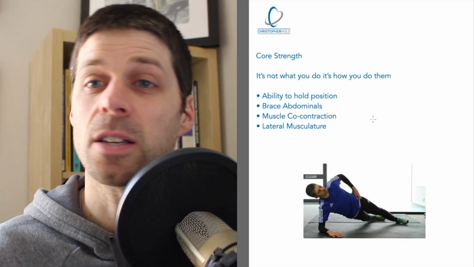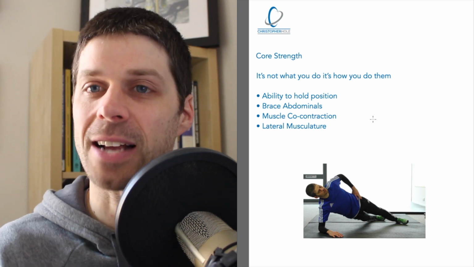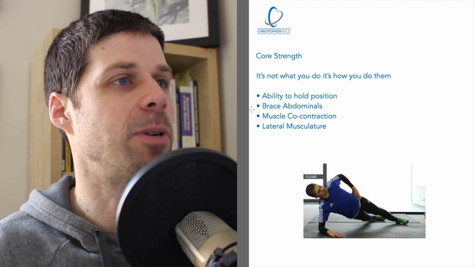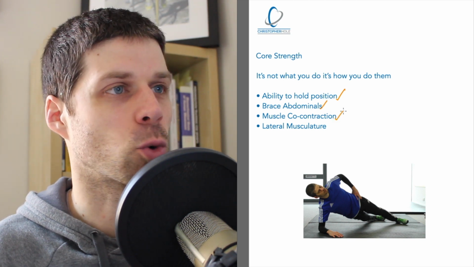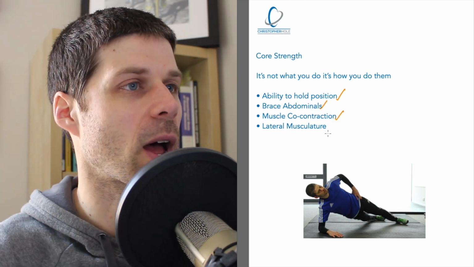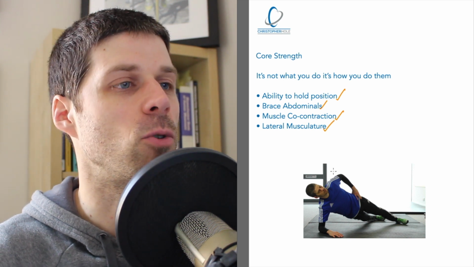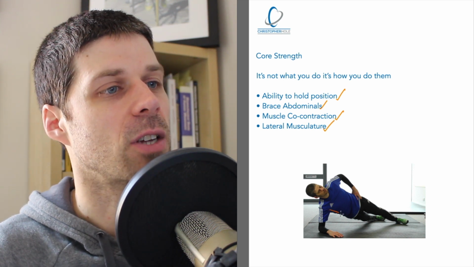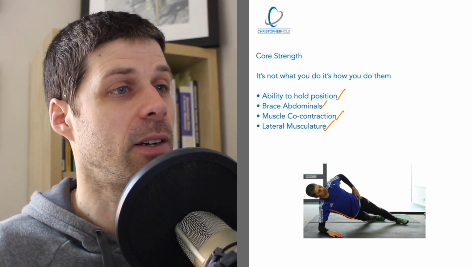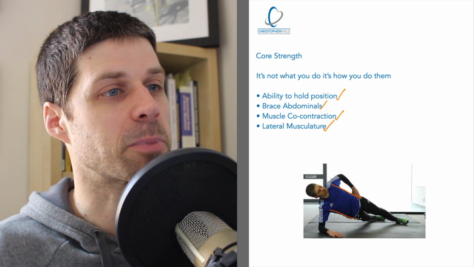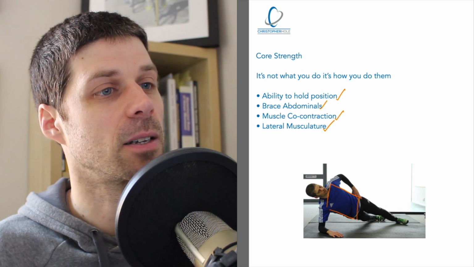The second exercise is the side plank. Again, it's another exercise where I'm holding a position. I'm bracing the abdominals, I've got muscle co-contraction because the abdominals are working as well, but this time it's more focused on the lateral musculature, all the way down the side of the core here. So again, in the position I'm holding, shoulders and hips are stacked.